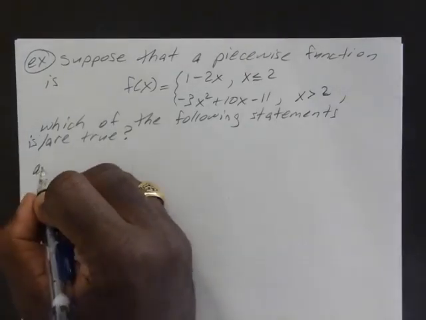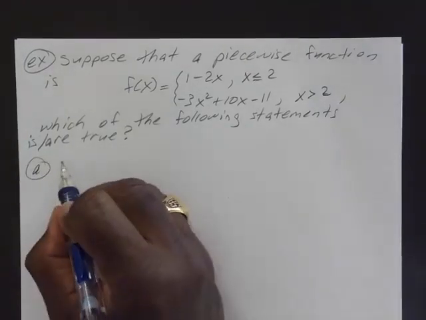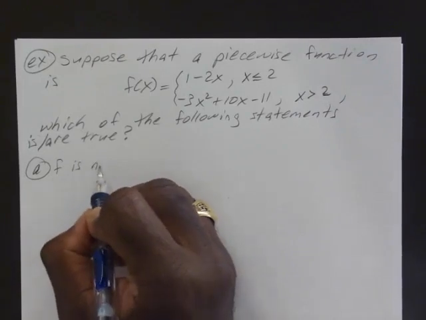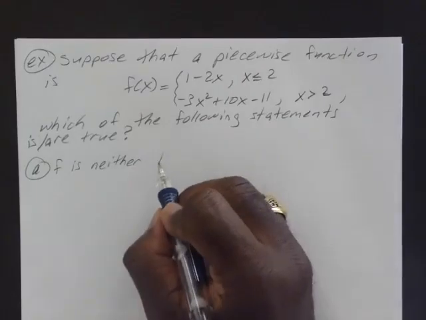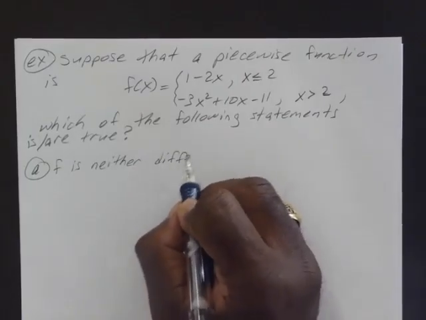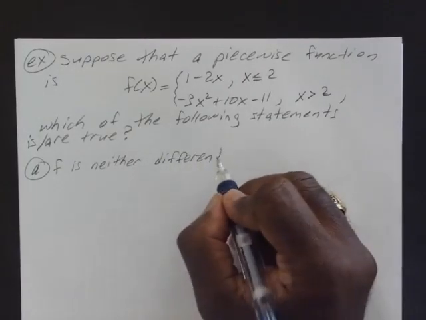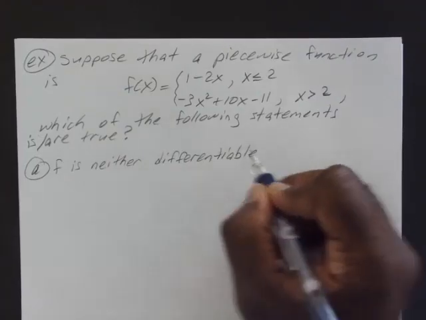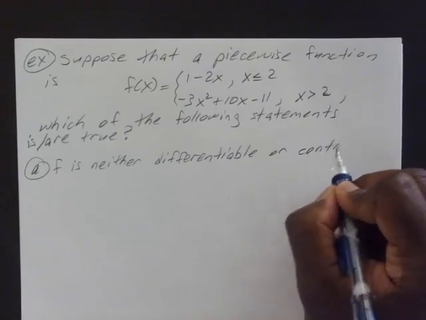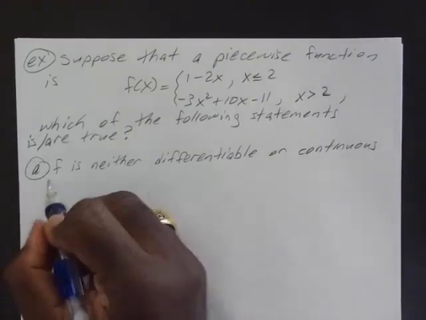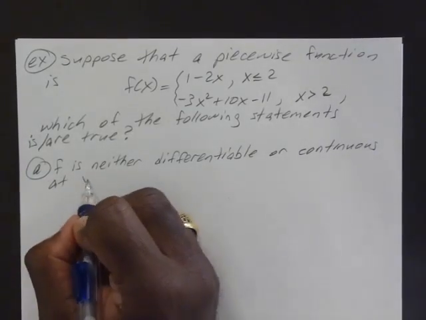Okay. So let's say for A, f is neither differentiable or continuous at x equals 2.